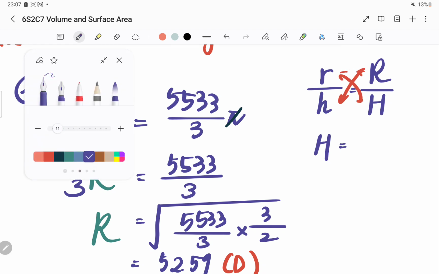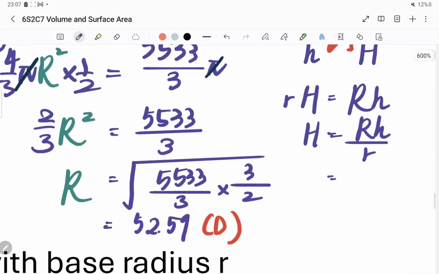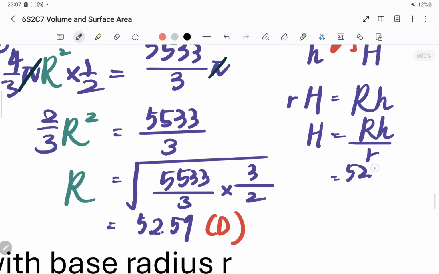You should have big R times small h over small r. So big R you already found is 52.59, multiply small h, which is 6, divided by 14.